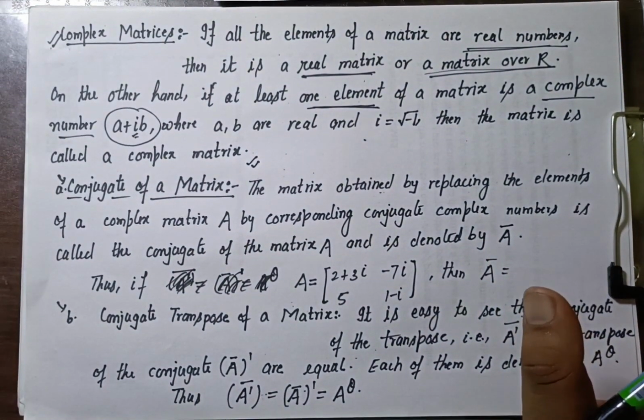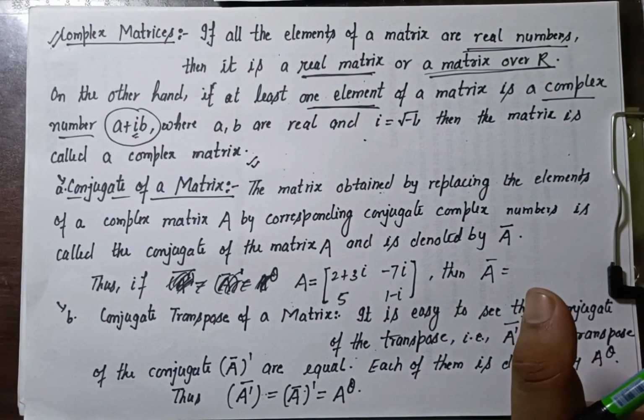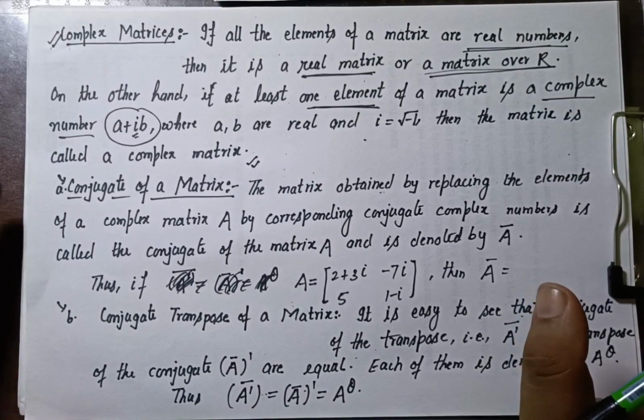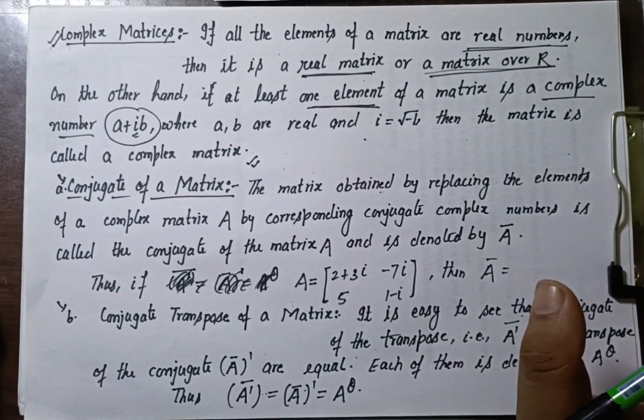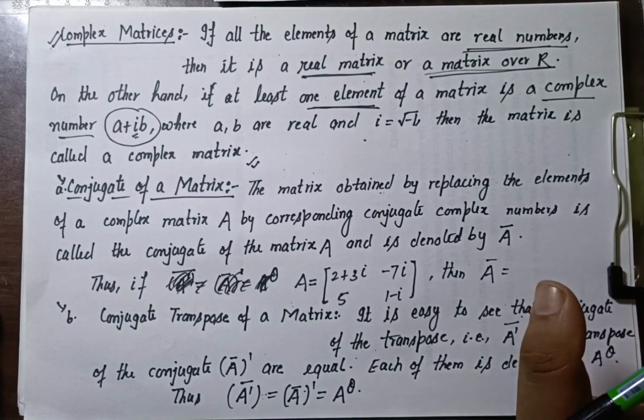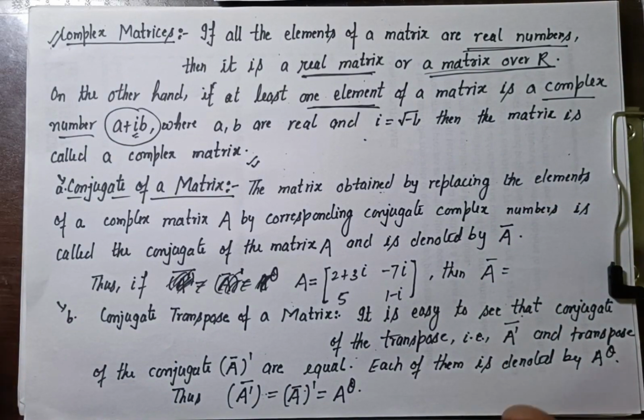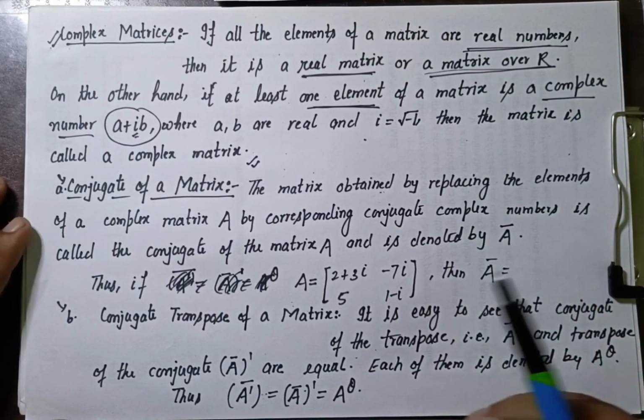Very easy to remember: if at least one entry in the given matrix is a complex number, then this matrix is said to be a complex matrix. Or all the entries may be complex numbers, at least one entry.